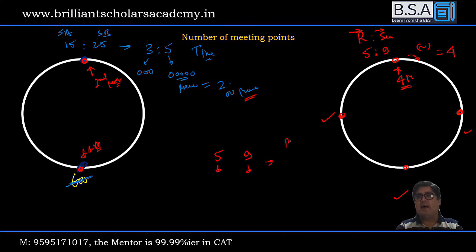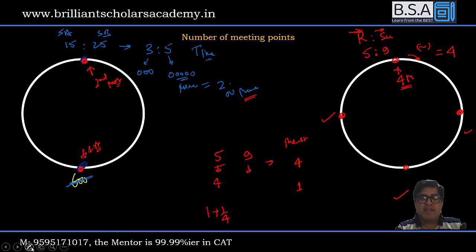They meet how many times? They meet 4 times. If I want them to meet only the first time, the meeting time is divided by 4. So this person does not need to complete 5 circles. This person needs to complete 5 by 4 circles. So what is 5 by 4 circles? It is 1 plus 1 by 4 circle.